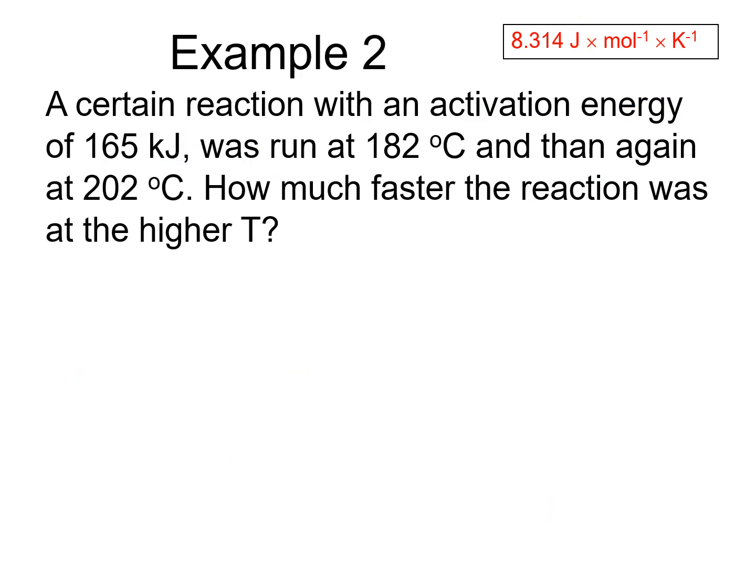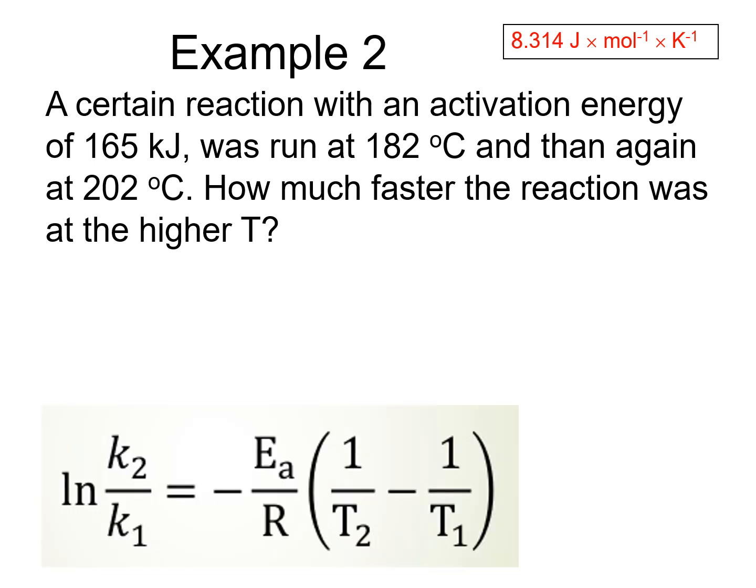So this is a second example. We have a certain reaction, we are given the activation energy in kilojoules, and we have the 2 temperatures in Celsius, and we're asked how much faster the reaction was. We know that we want to use the 2-point equation that we used in the example before, because we have 2 temperatures.